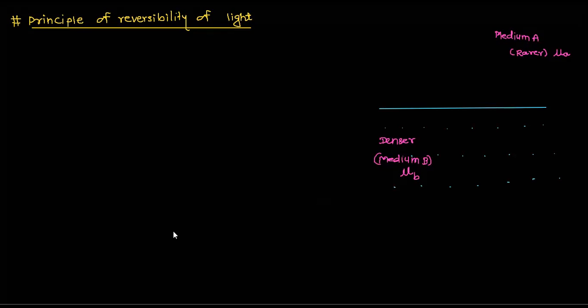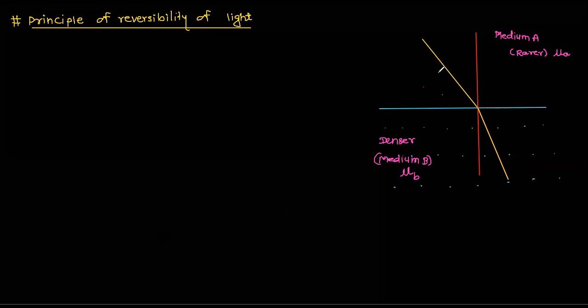Now, when a light ray is incident from rarer medium to denser medium, what happens? This is a normal. And now it will bend towards the normal. This light ray will bend towards the normal.